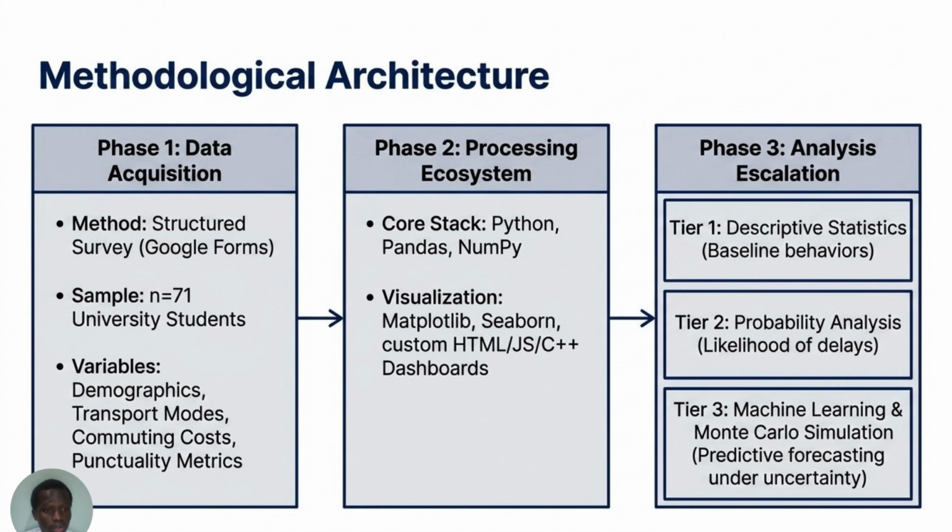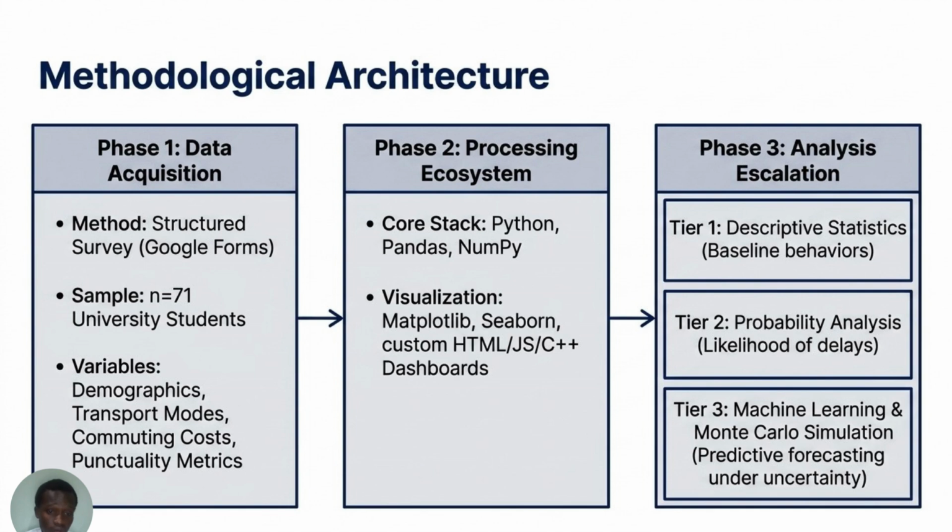At the methodological architecture, there are three parts of this project. The first one is data acquisition. We used survey data. We have 71 students who filled in our data.